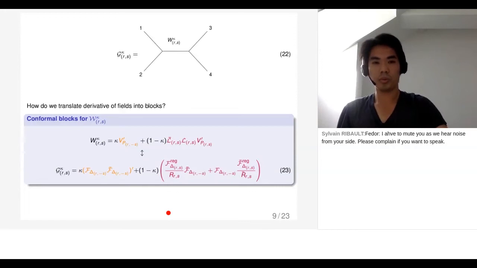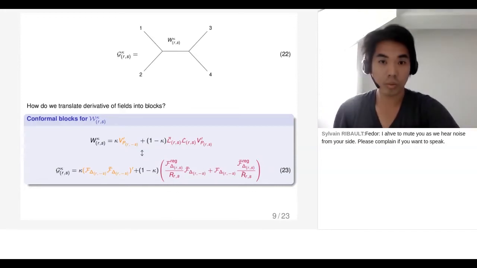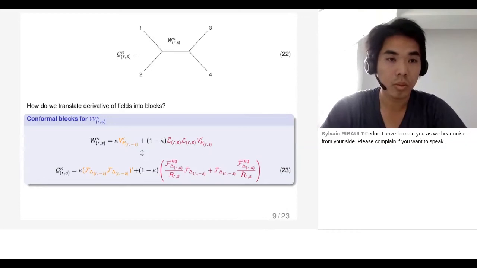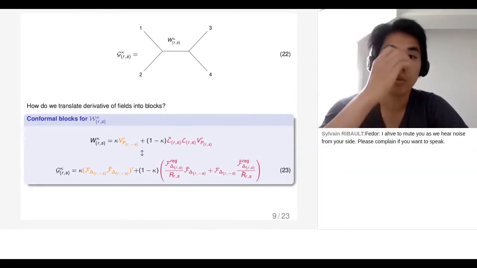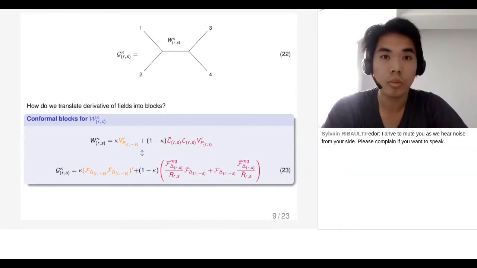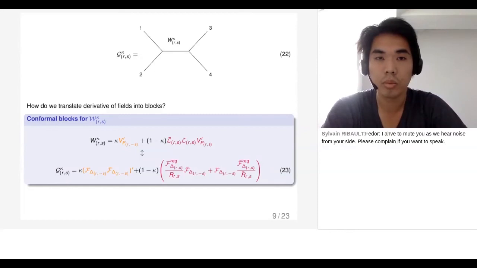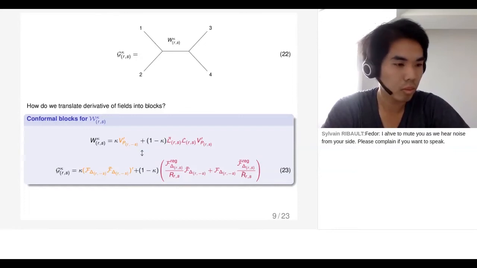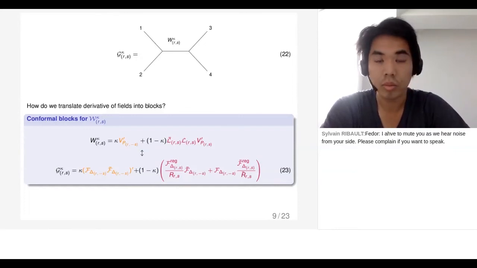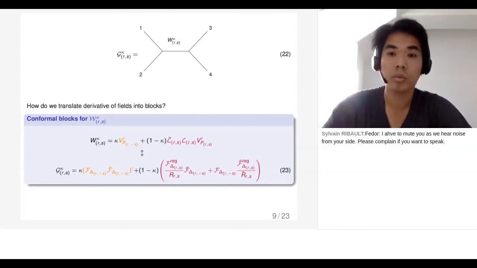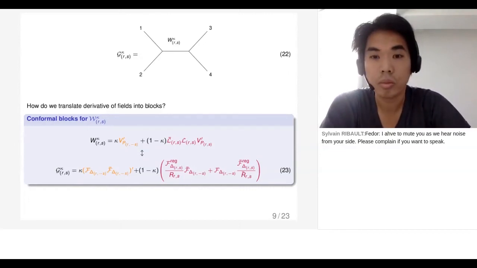I had a general question about the beginning of this talk. You started talking about degenerate fields, and I got a bit confused about terminology, because sometimes you were saying that some degenerate fields are null, others are not null, and so on.